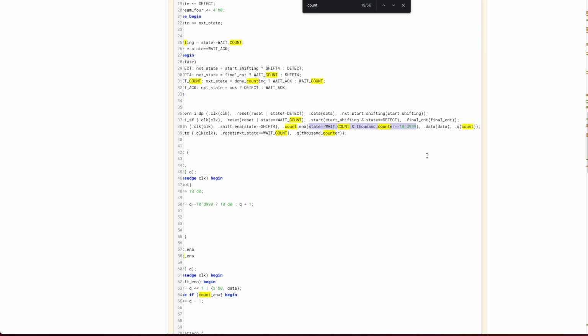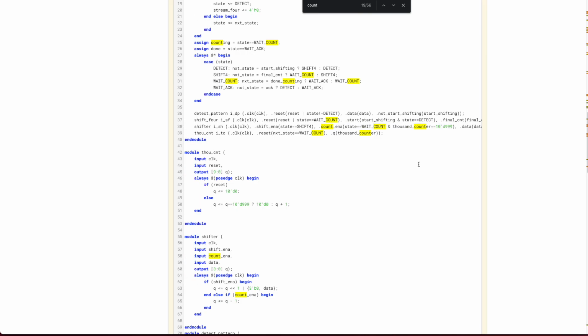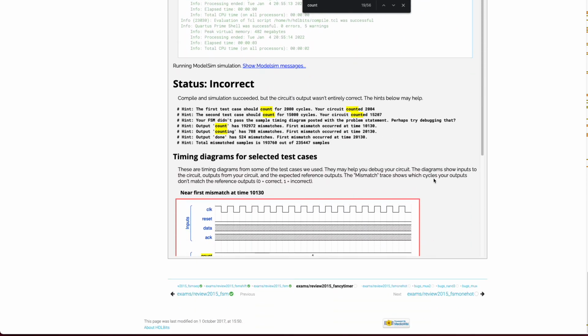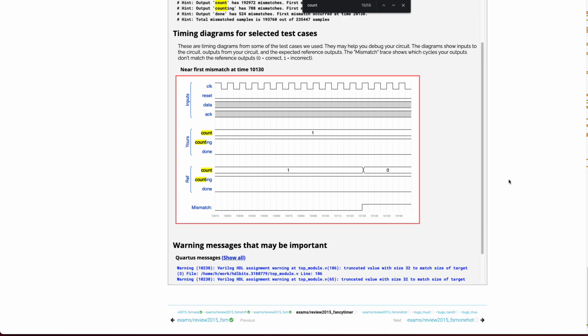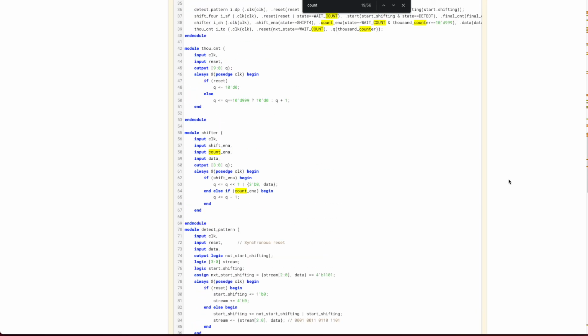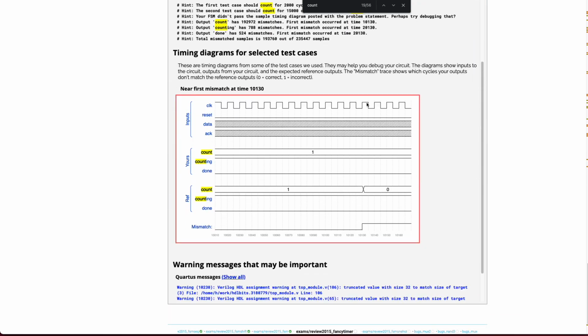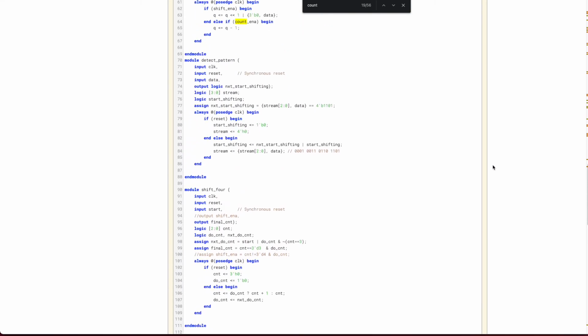Then next cycle, this will be a 1. This one actually goes on for kind of too long.